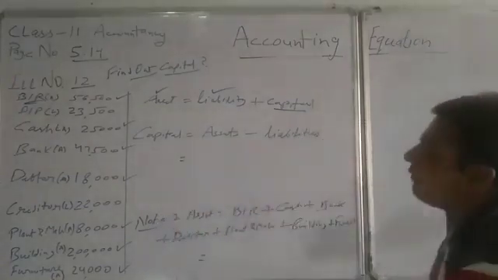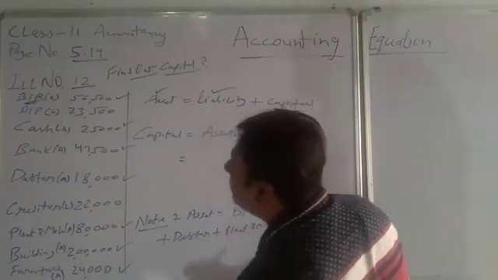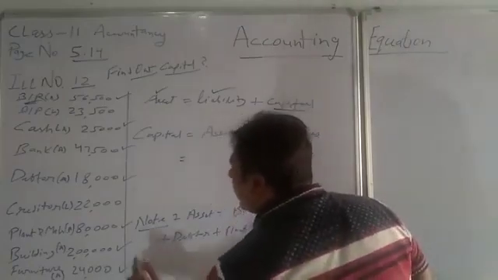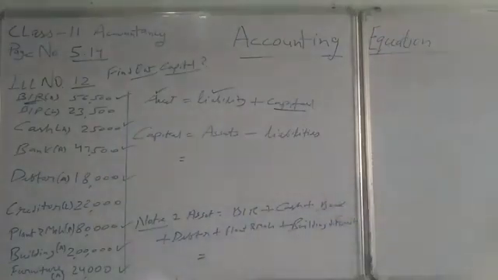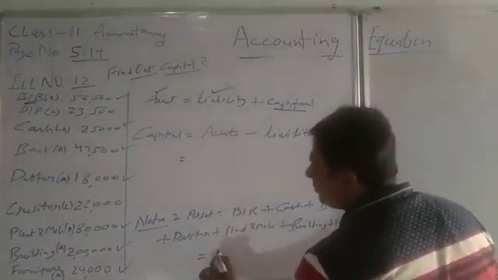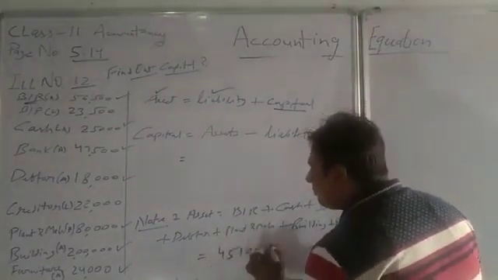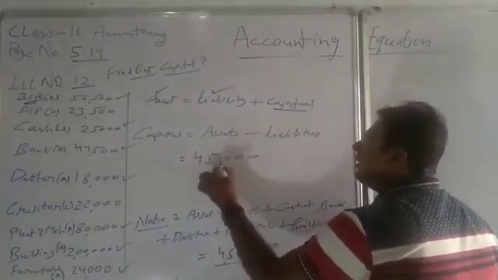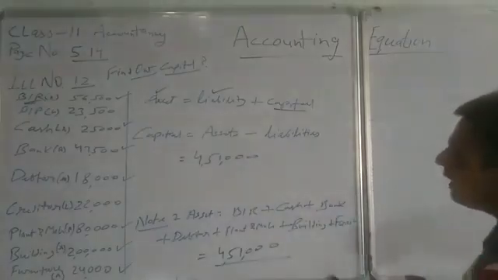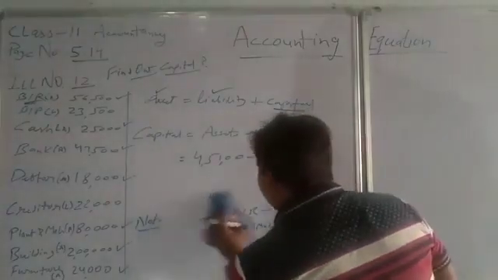If you write all these figures in total, then all the assets will come to 4,51,000. How much will it come? 4,51,000. Clear? Moving to note second.